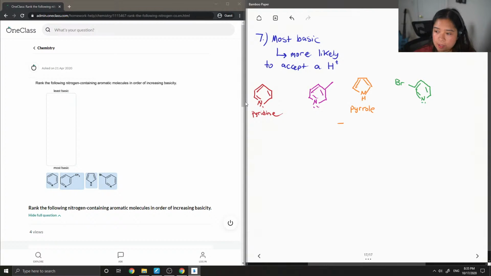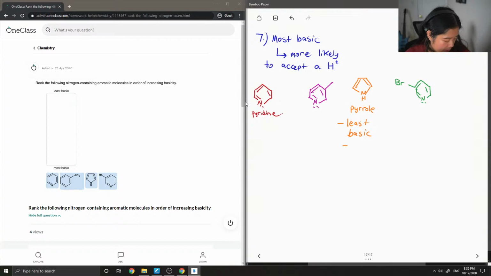So basically your pyrrole molecule is the least basic. And the reason for that is if this accepted another hydrogen, it's gonna disrupt the conjugation of the ring, and it's actually gonna be less stable than how it is right now.